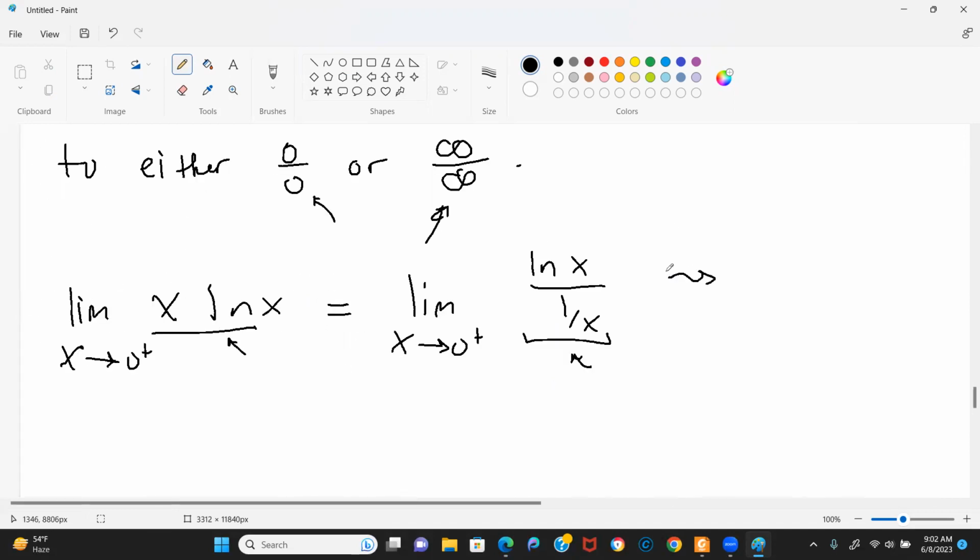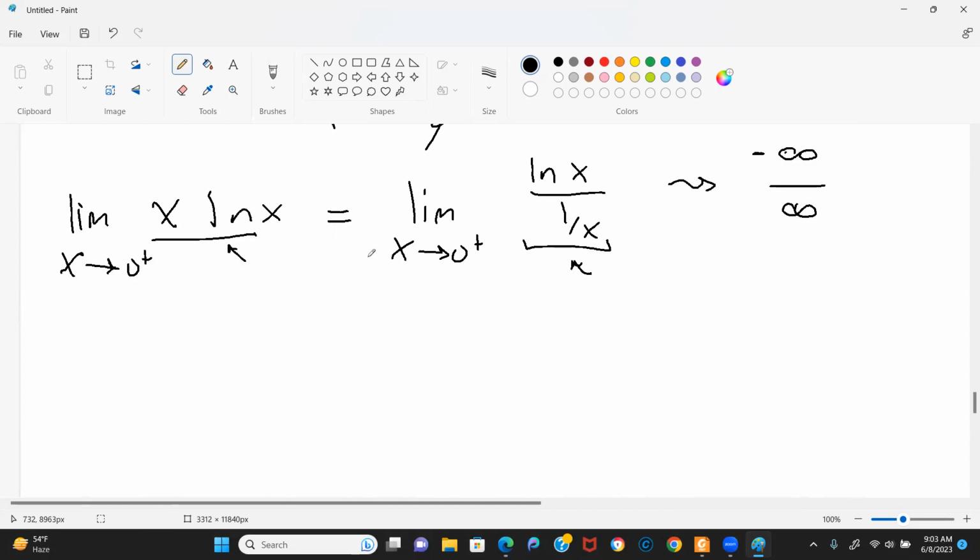And in this case, what happens? Well, when x goes to 0 from the right, ln of x goes to negative infinity. And then 1 over x goes to infinity, right? As x goes to 0 from the right. So we do have an indeterminate form. We have this negative, which is not a big deal though.